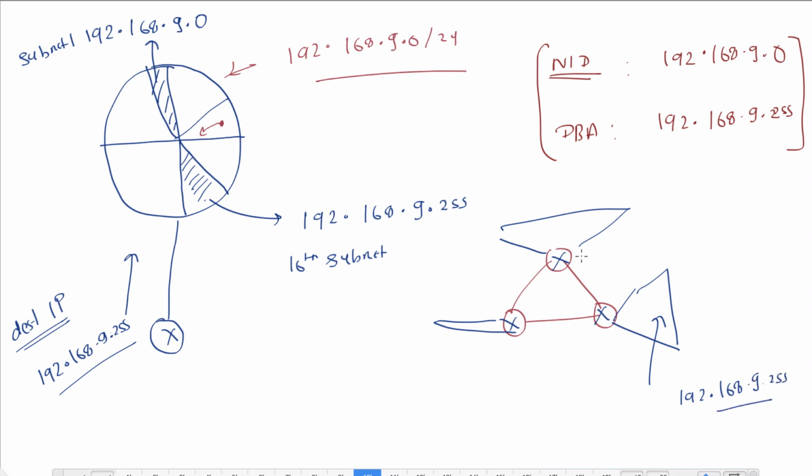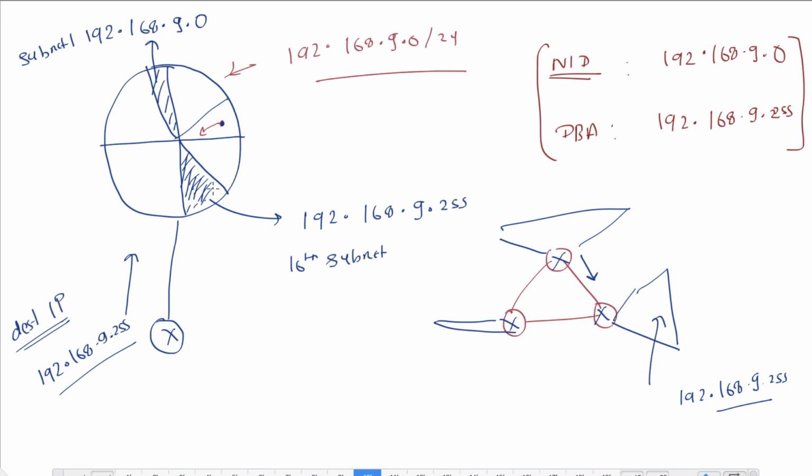Now if some packet is coming from one of the hosts of this subnetwork with this destination IP address, then it will get delivered to only this last subnet, because internally the subnetting is visible. So if some packet is coming from inside with the destination IP address of 192.168.9.255, then this packet will get delivered to only the last subnet, because this is the directed broadcast address of the last subnet.